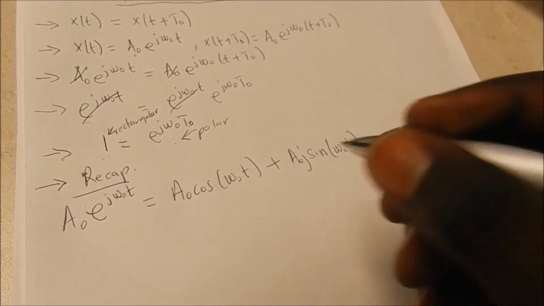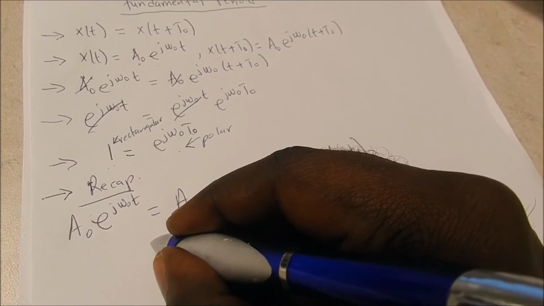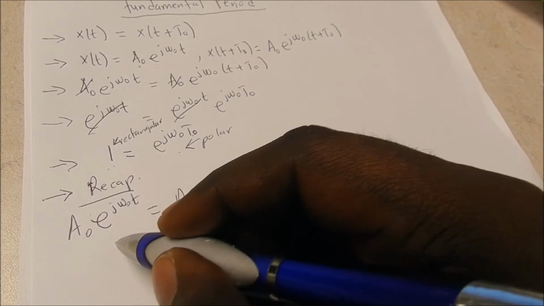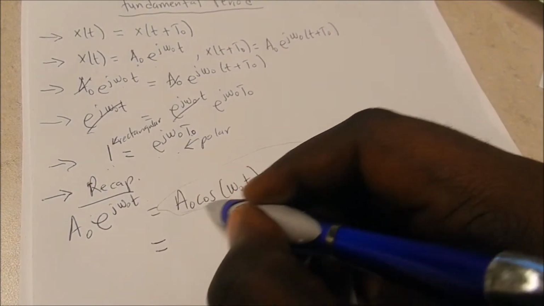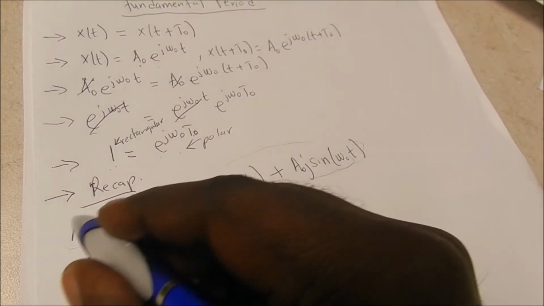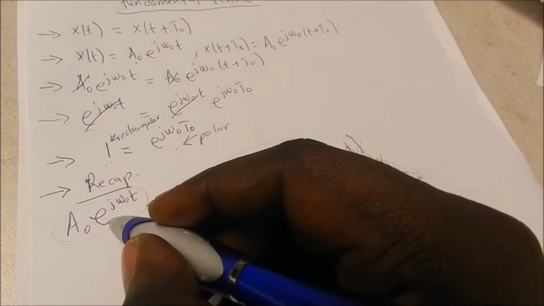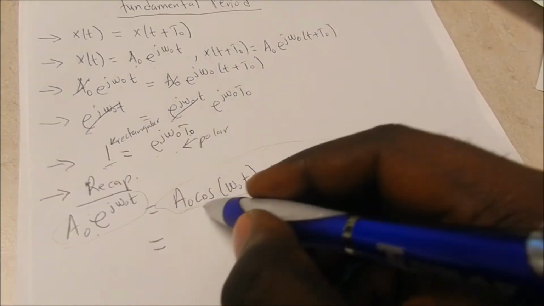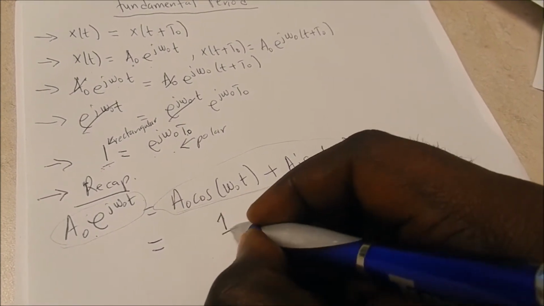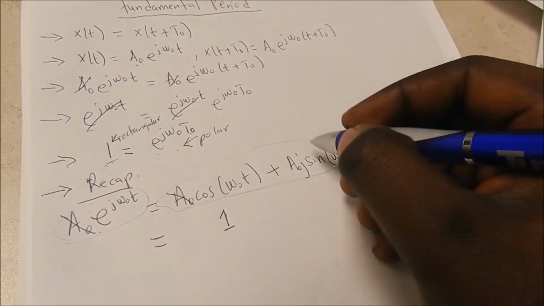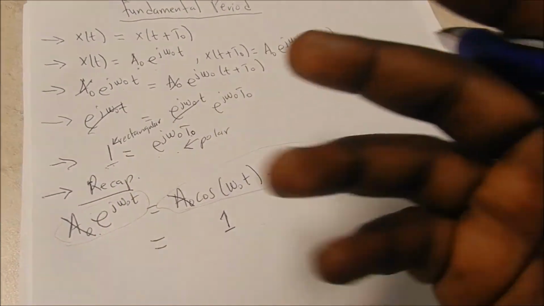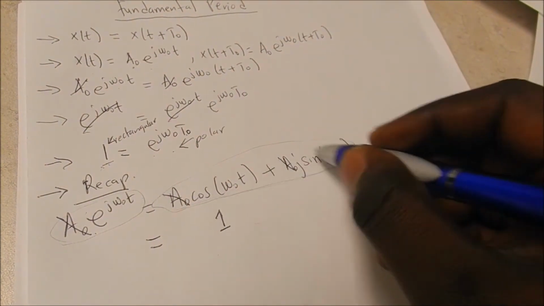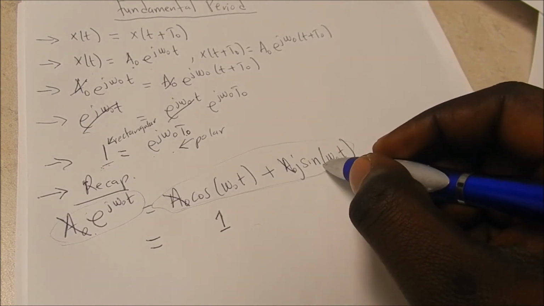Now we're saying this whole thing is equal to 1. This is in rectangular form and this is in polar form, and we want to convert 1 into polar form. Eventually a naught and a naught cancel each other from both sides. For the whole thing to be 1, this sine term has to be 0.